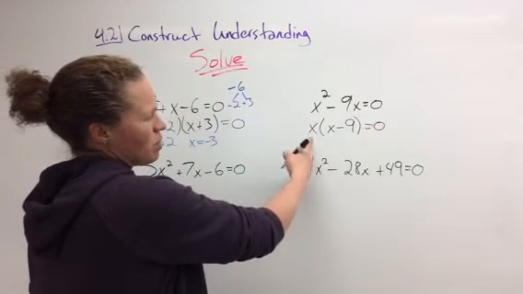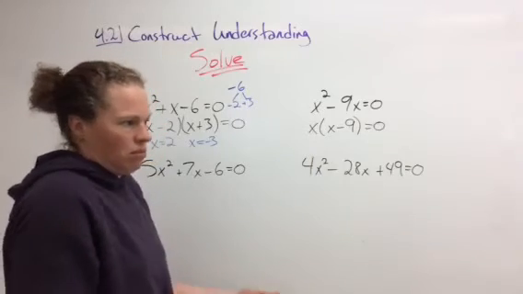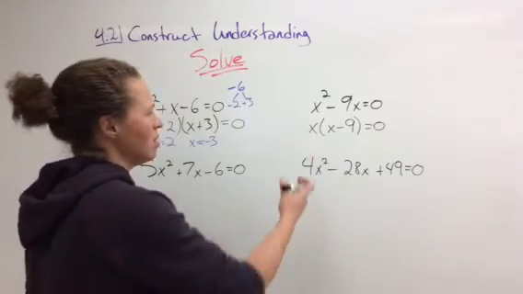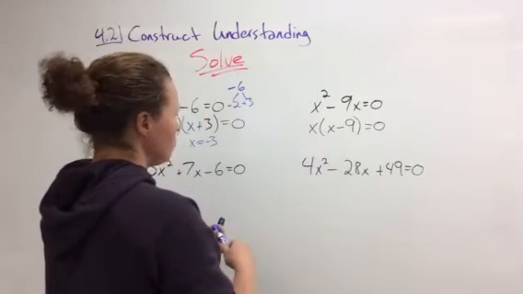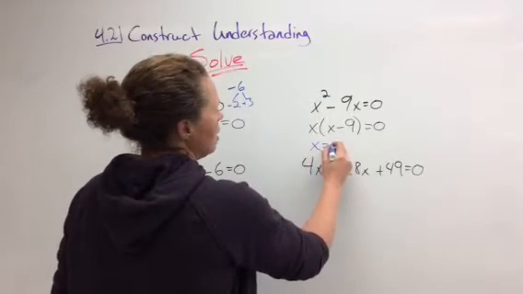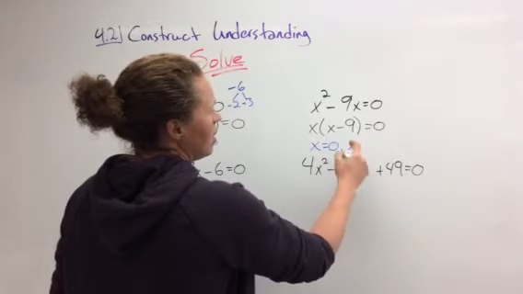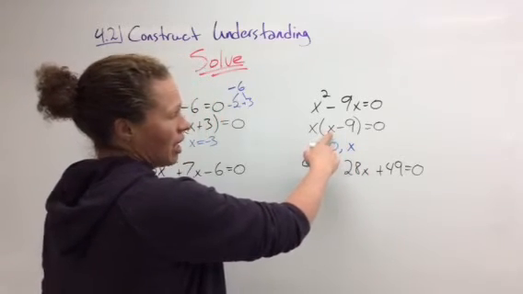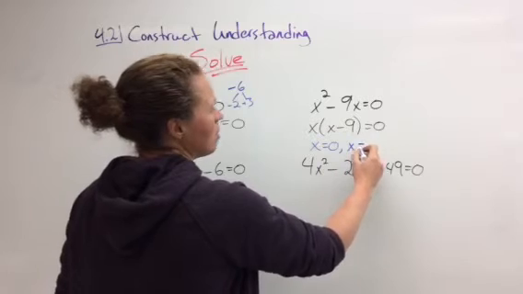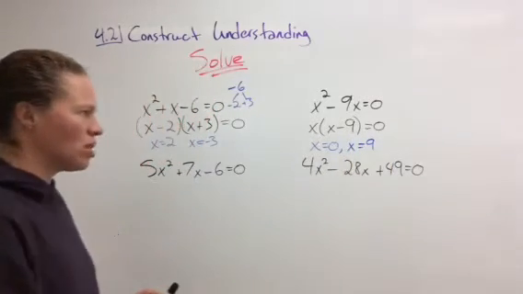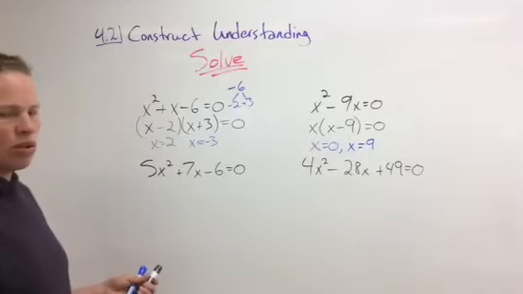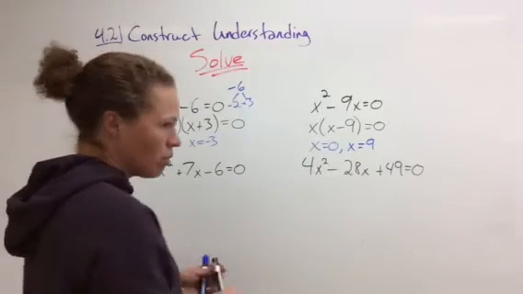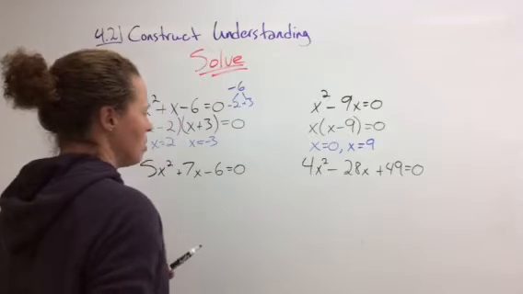So if x is just by itself, well, then it can be 0, because 0 times no one cares equals 0. So for this one, x is going to equal 0. And inside the brackets, if it were 9, 9 minus 9 is 0, so x can equal 9 as well. So each time we're just going to find out what x could be in order to make the whole equation 0. Remembering that 0 times anything is just 0.